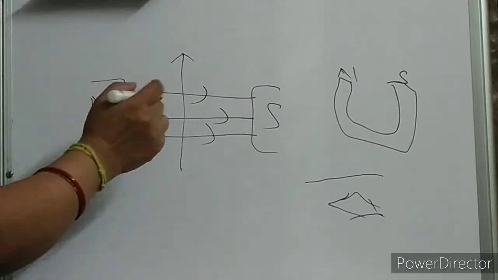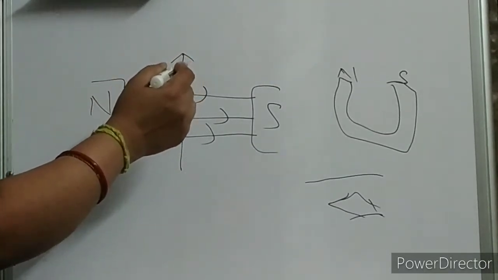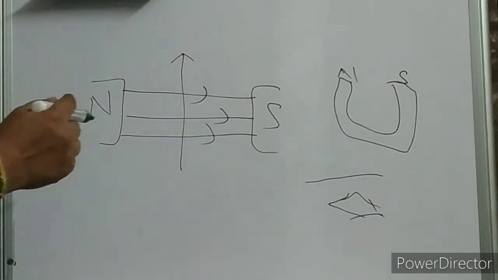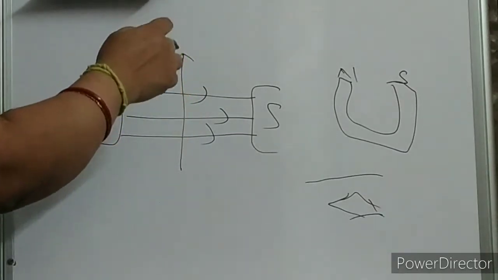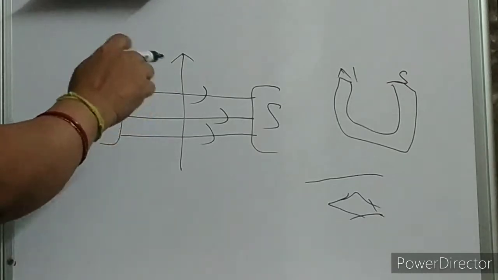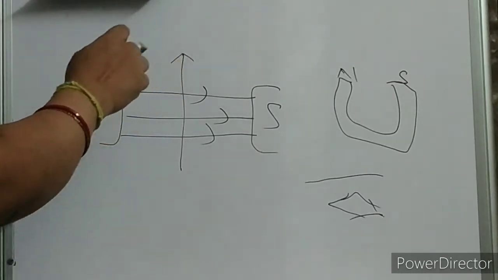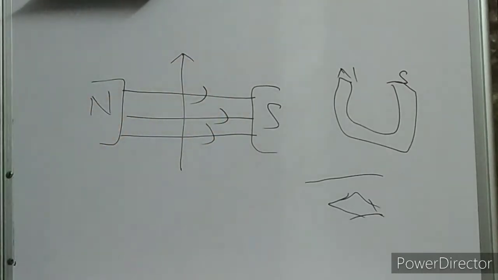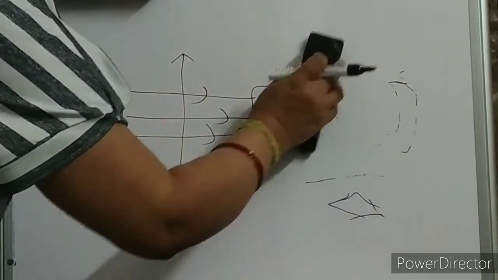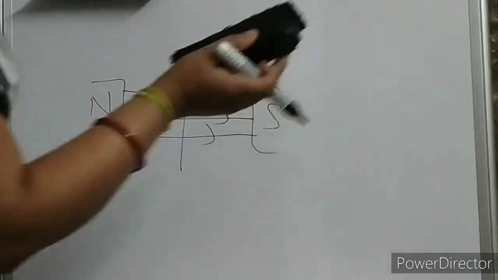Similarly, this wire is also now an electromagnet, so definitely it is going to apply force on this magnet. So let us see how it is going to apply the force.